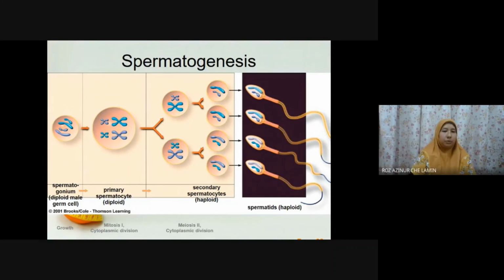It starts with the spermatogonium, which is a diploid male germ cell, and it divides into a primary spermatocyte, which is diploid in number, and it goes through meiosis to form secondary spermatocytes, which are haploid in number, and finally it produces spermatids, which are haploid, with a total of 4 sperm.